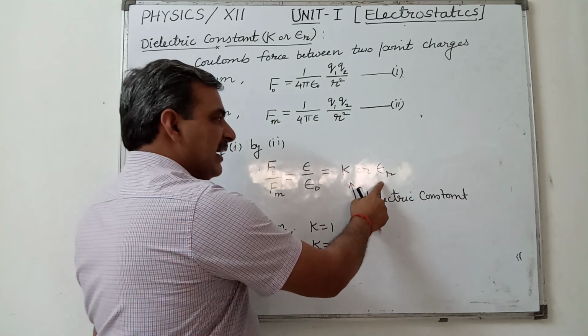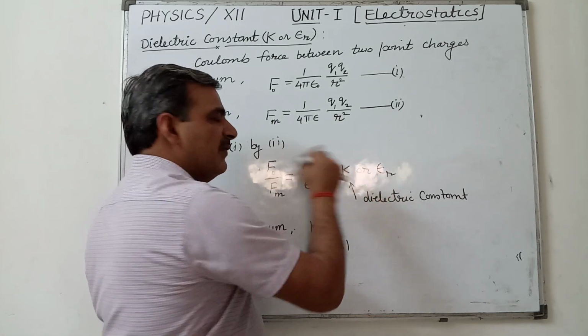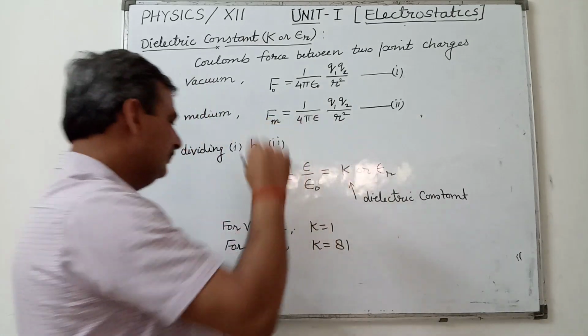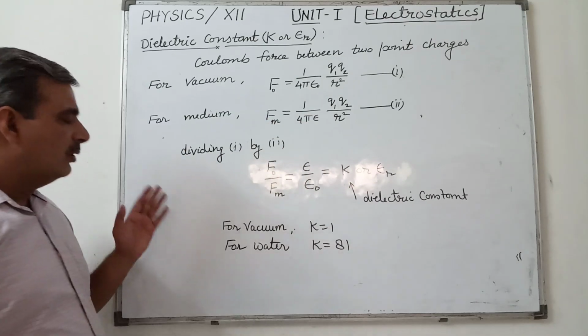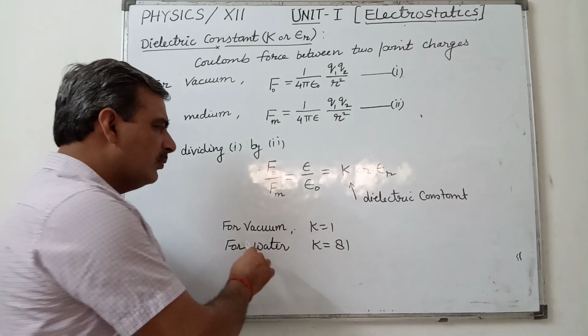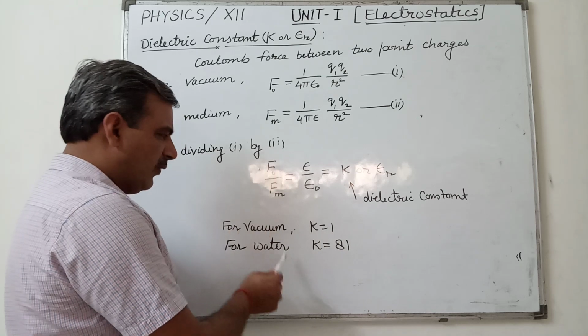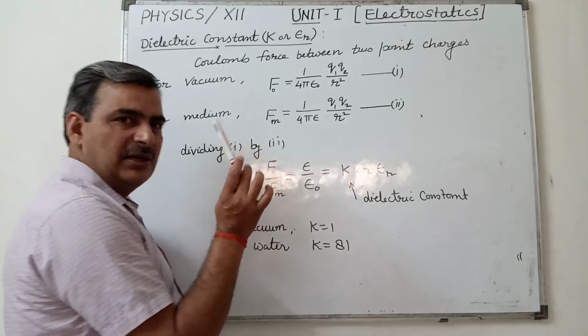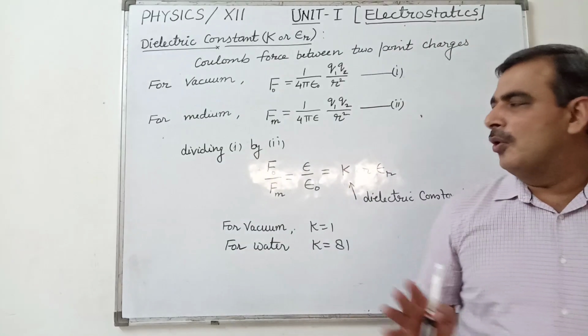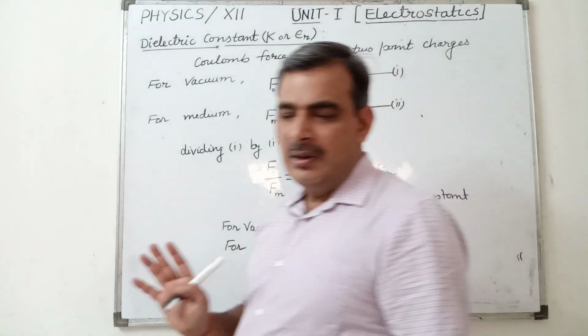We read this as the relative permittivity of the medium. For vacuum, K is 1, and for water K is 81. So the force between charges varies depending upon the nature of the medium.